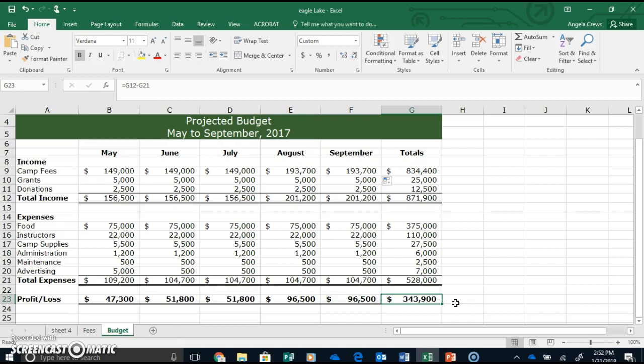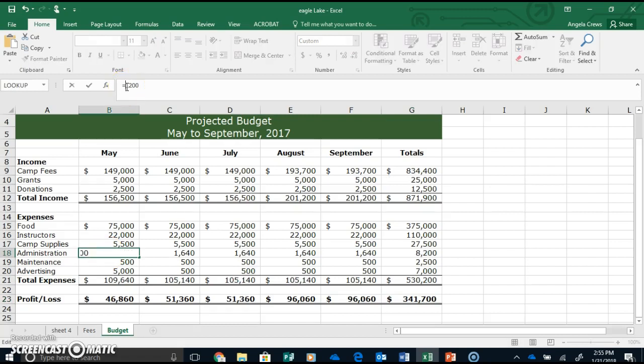You divide that amount by the number of pay periods. So they're going to pay this executive assistant for 5 months. So we need to add it to the current administration cost.